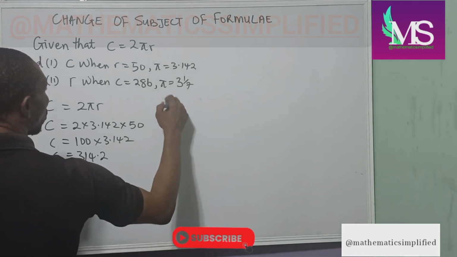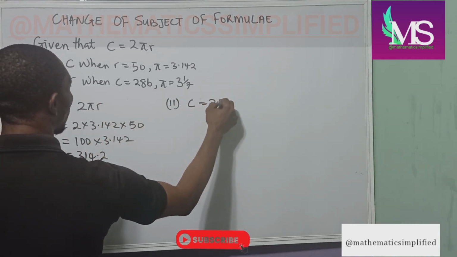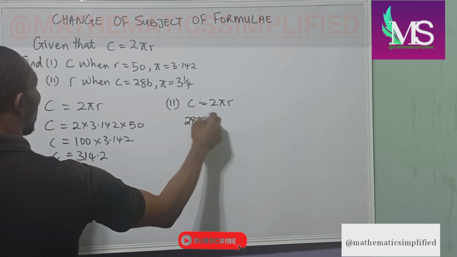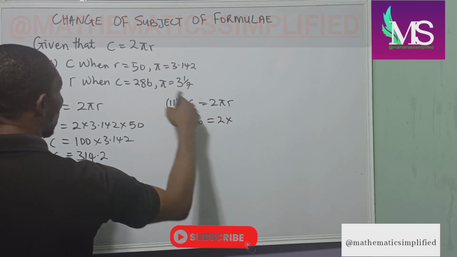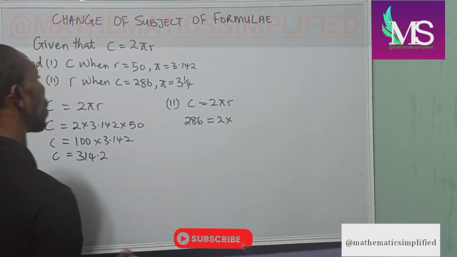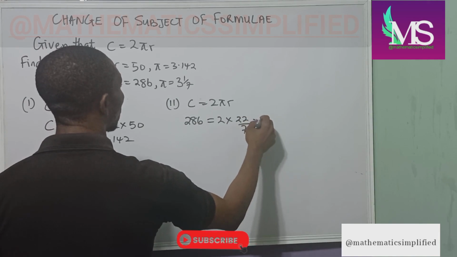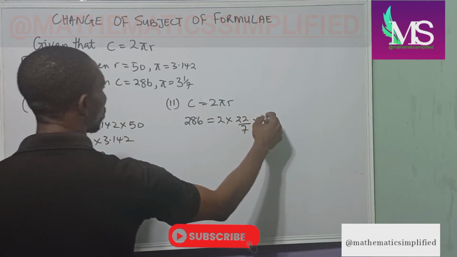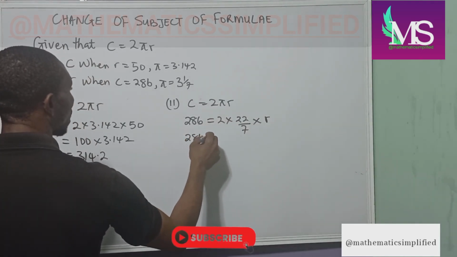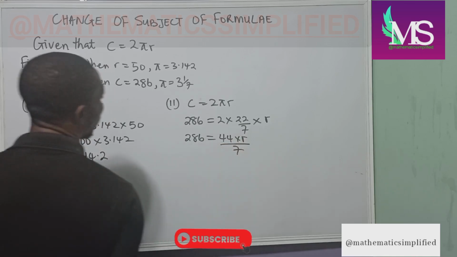Now for 2, we have r, when C equals 2 pi r. Now our C is 286 equals 2 constant, pi is 3 whole number 1 over 7. So we convert to improper fraction, which will give us 22 over 7 times our r, which is what we are looking for. So we'll multiply all through. We have 286 equals 44 times r all over 7.